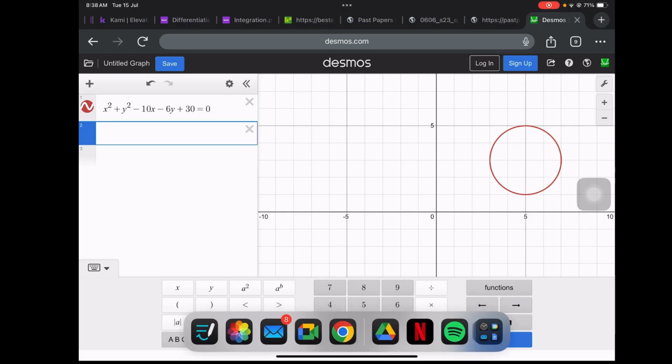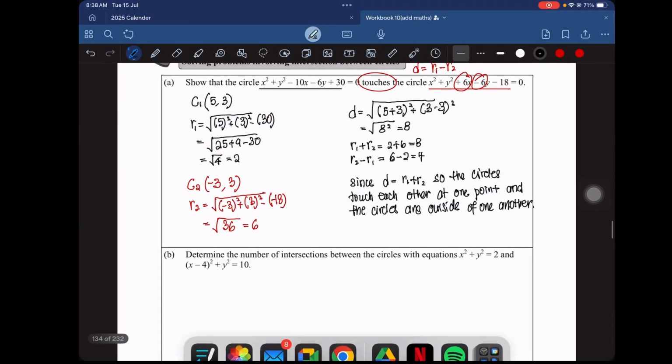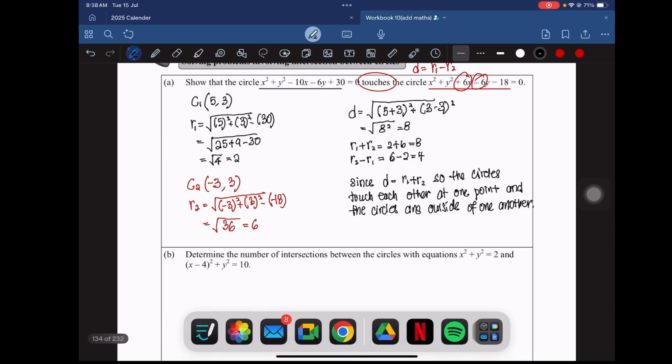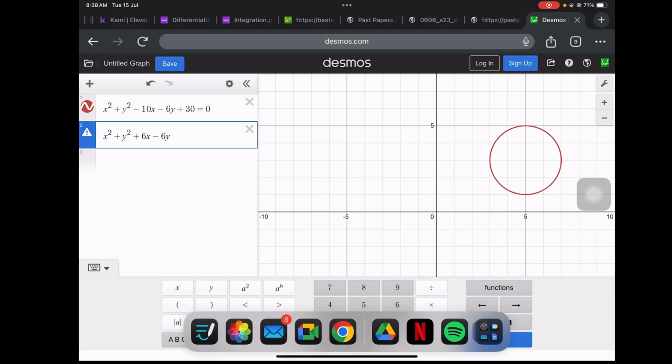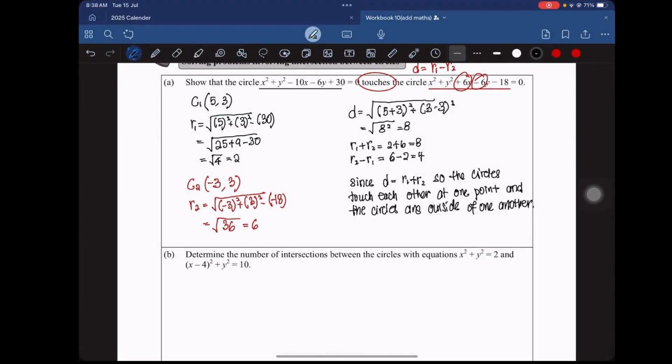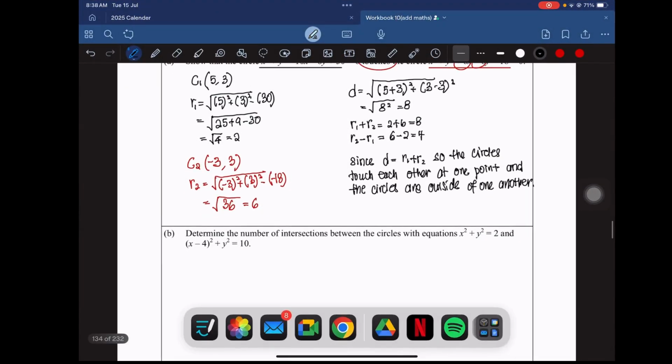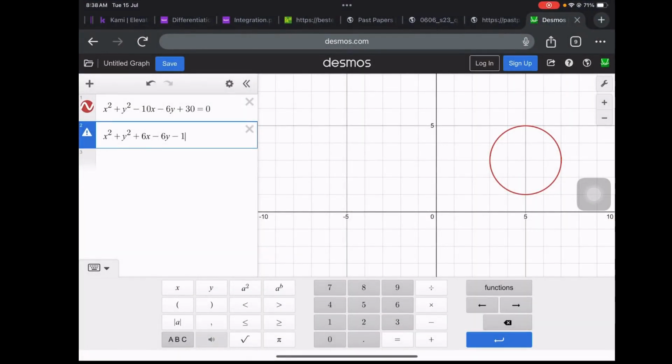Then the second circle is x squared plus y squared plus 6x minus 6y minus 18 equals 0.